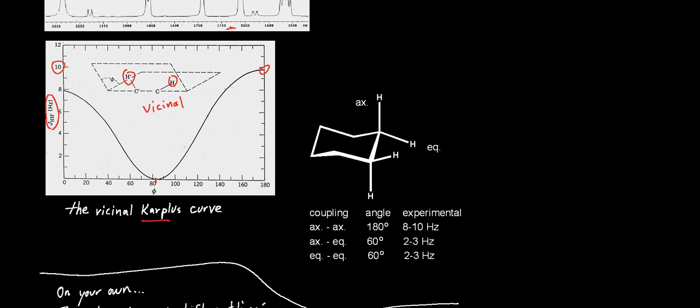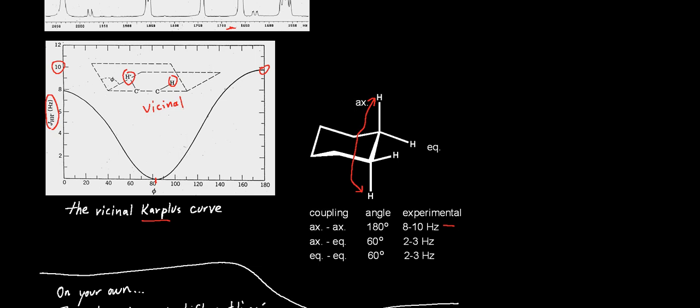So, for example, axial to axial coupling is predicted by the curve to be 180 degrees and 10 hertz, and the experimental value for cyclohexane is right in that range, the observed value.